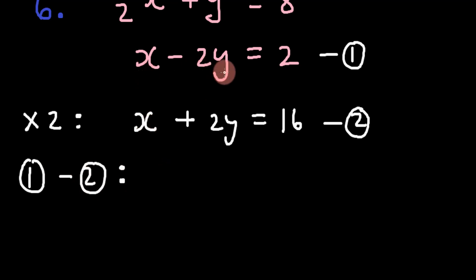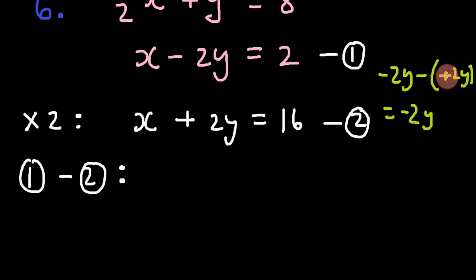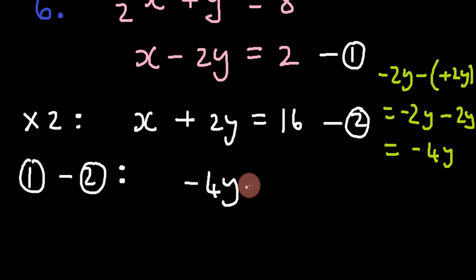Then we have negative 2y minus positive 2y. A minus times a plus is a minus. And negative 2y minus 2y is negative 4y. So we have negative 4y on the left-hand side. Then 2 minus 16 is minus 14.